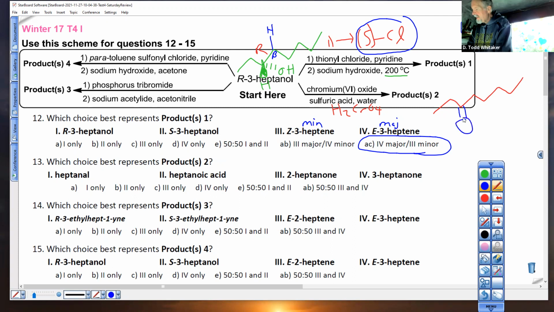No stereocenter. No rearrangements, nothing. Straight up ketone where you used to have an alcohol, 3-heptanone, 4 only here. There we go. This one gave 2 alkenes.